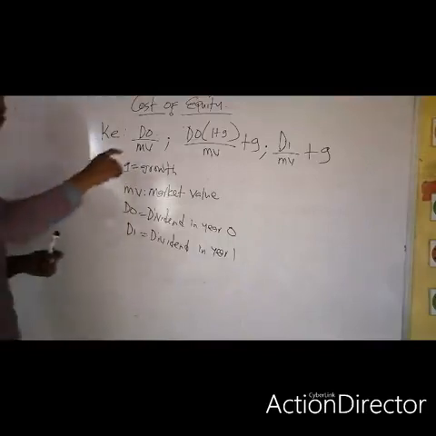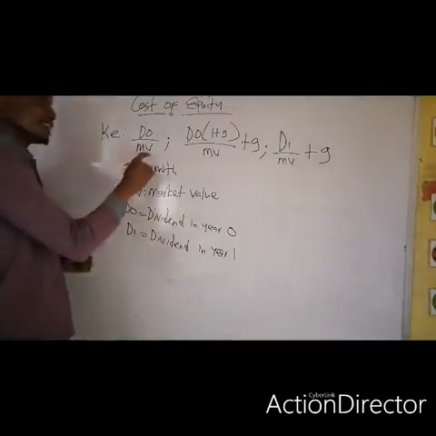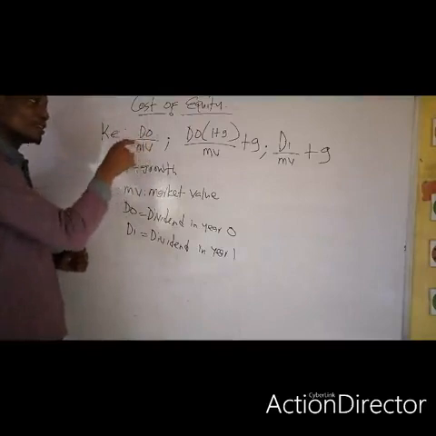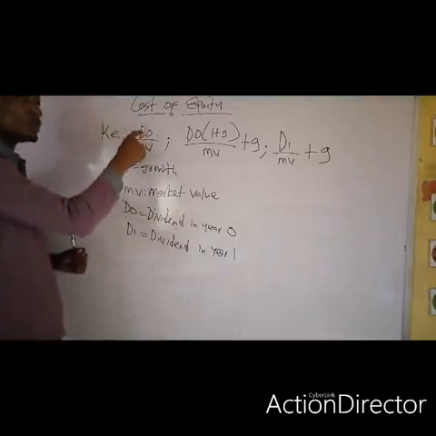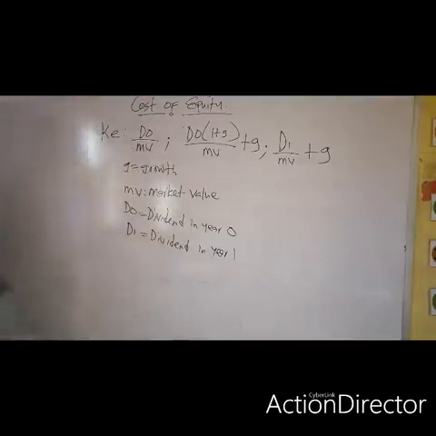So that is the market value we are making reference to here, as simple as that. You pick the dividend given to you in the question and divide by the market value given to you. Calculate it and you get a cost of equity in percentage terms.